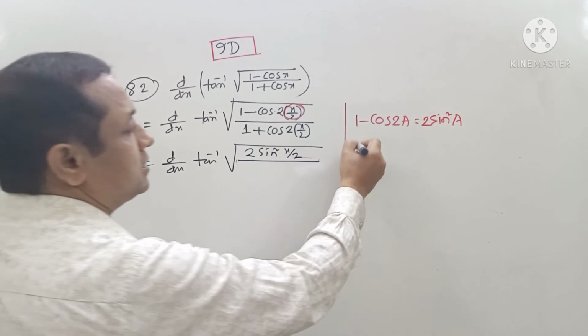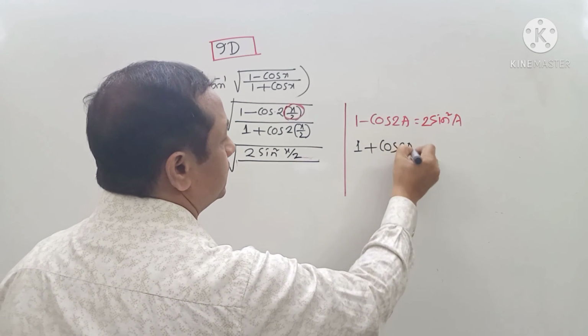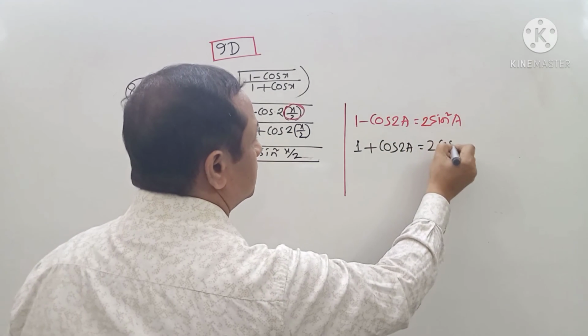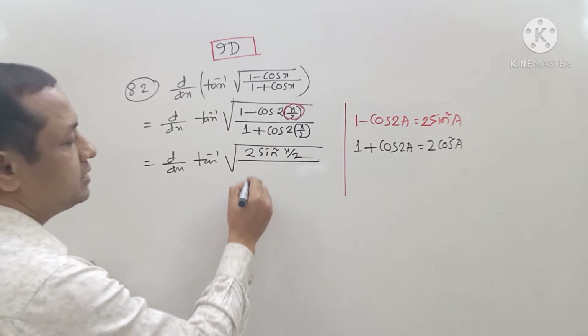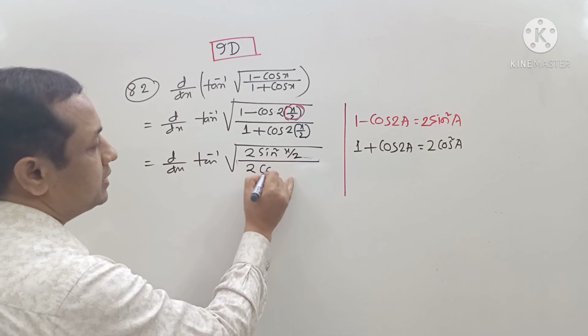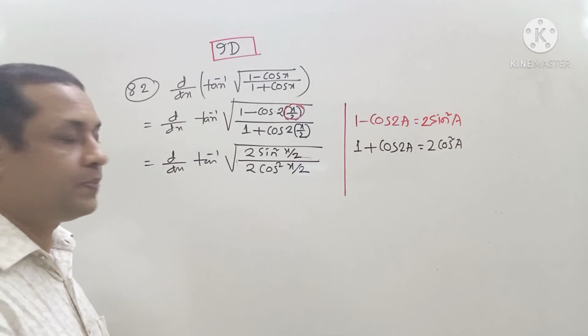Similarly, we know the formula 1 plus cos 2a equals 2 cos square a. So using this formula in the denominator, we can write 2 cos square x/2.